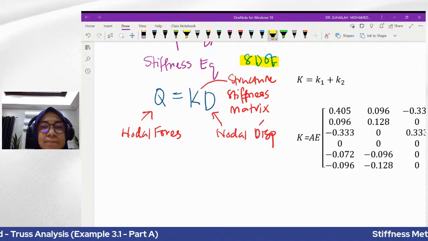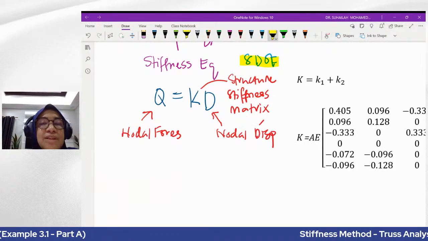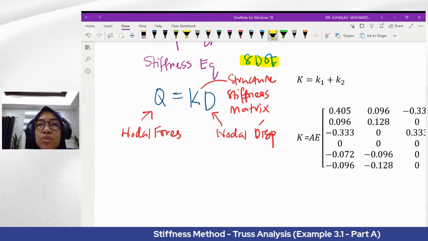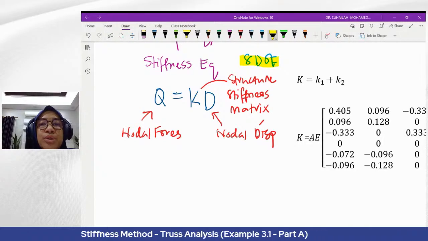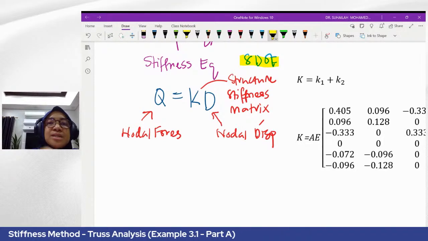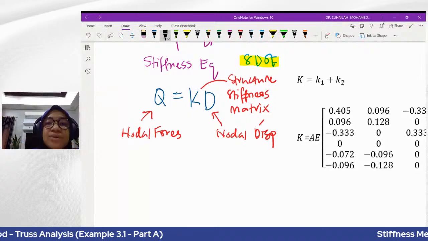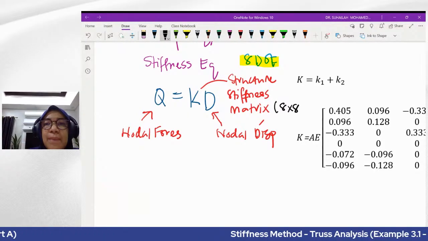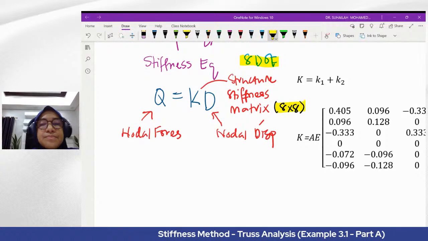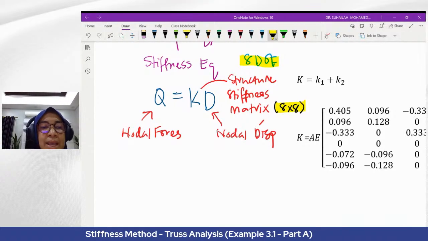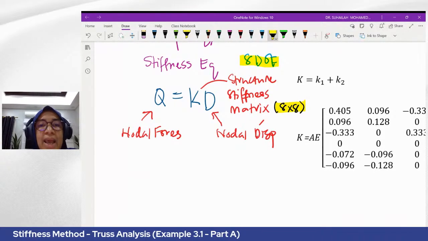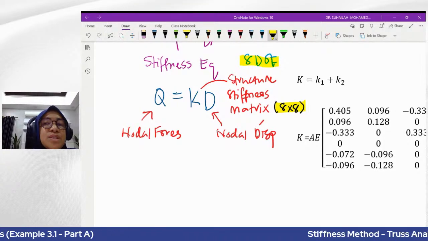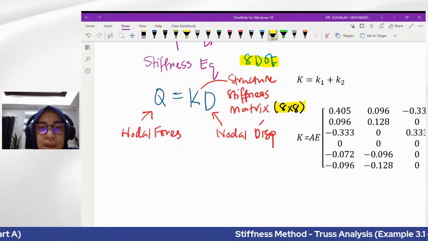It means that the structure stiffness matrix K, because the degrees of freedom in total is 8, will be an 8 by 8 matrix.